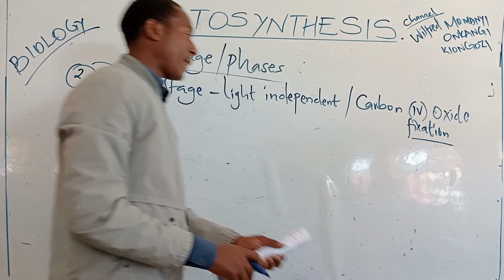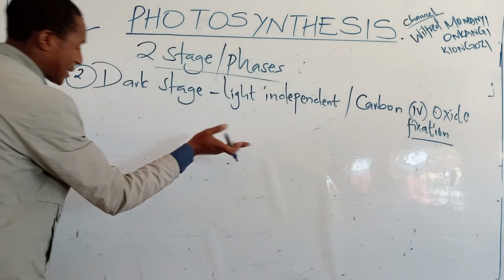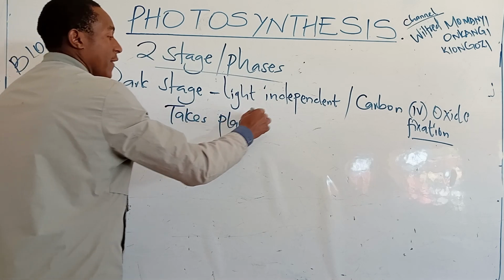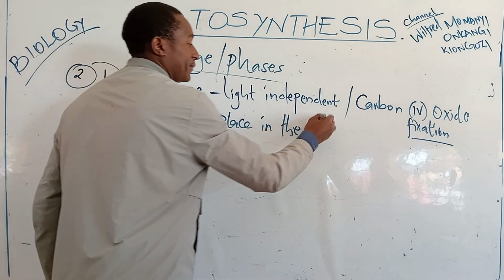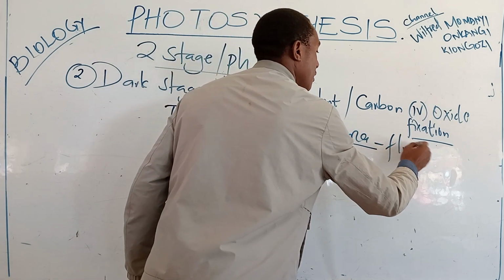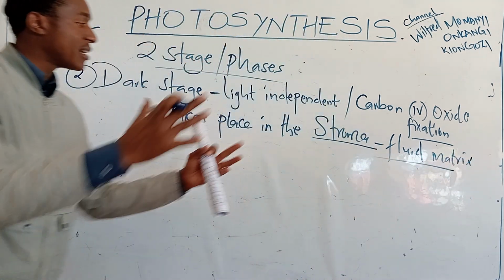This is very simple. First of all, it takes place in the stroma, in the fluid matrix. The stroma is the fluid matrix of the chloroplast. So that is where the reaction takes place.